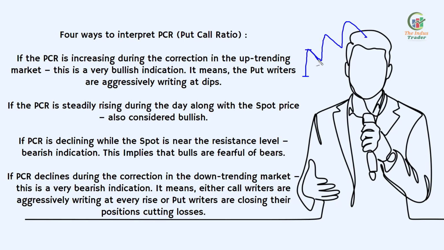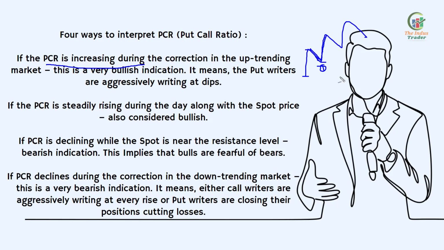If in this correction the PCR keeps increasing, we can expect another impulse move, so you can use it in that case. The second case is the buy on dips market, a terminology you usually hear.